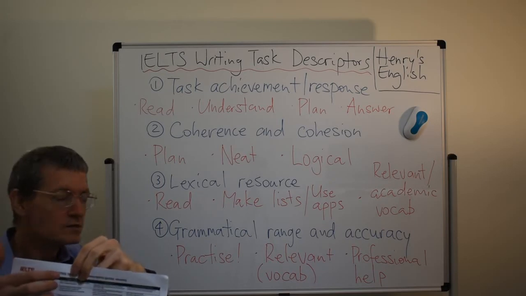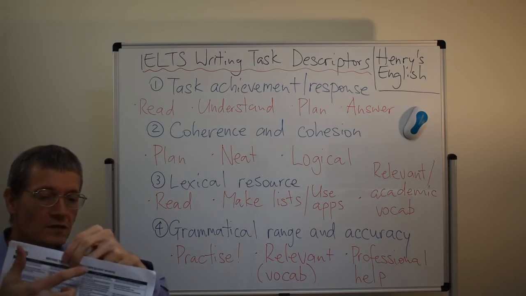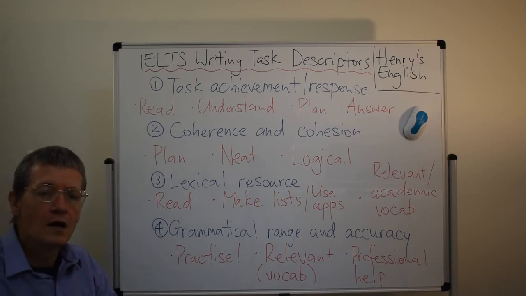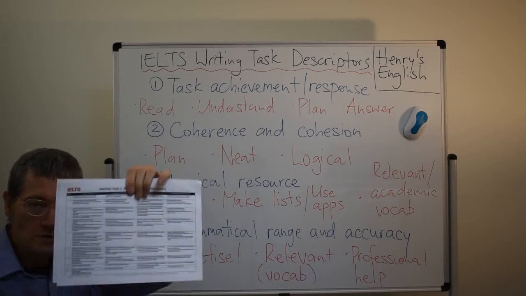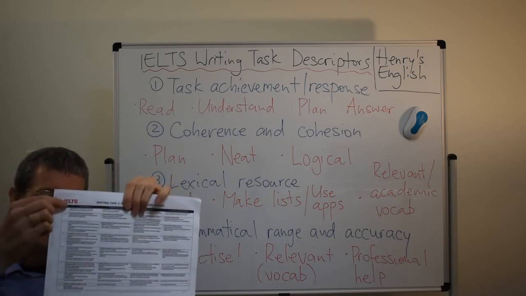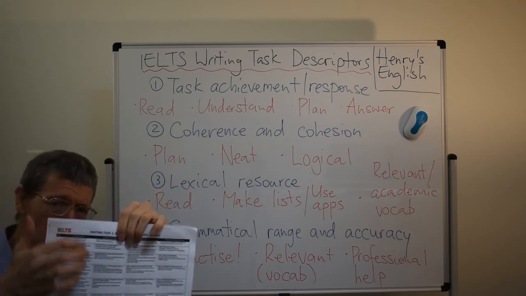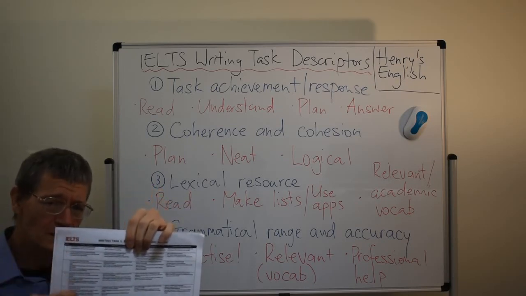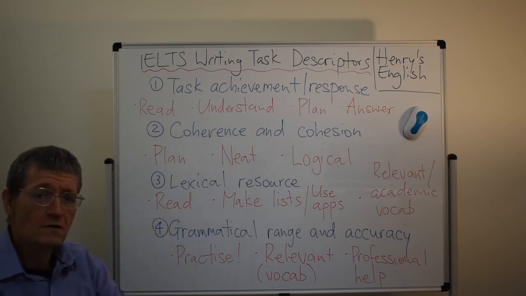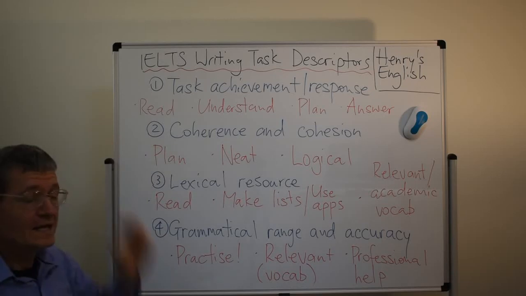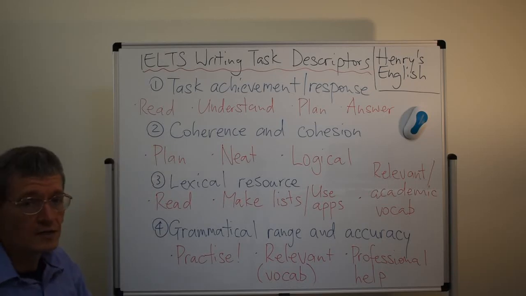On the actual descriptor sheet, the descriptors are broken up into, I will call them sub-descriptors, and we use these to determine your grades. For this lesson, however, I'm just going to be focused on the main descriptors, or the categories, if you like.